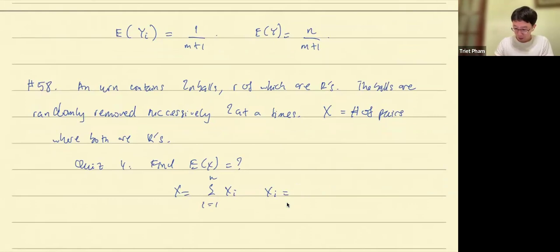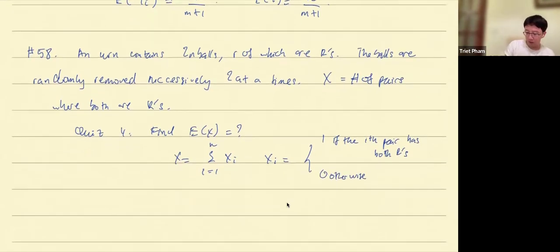So Xi will be 1 if the ith pair has both reds. That's a success, and 0 otherwise. And then expectation of Xi will be the probability that the ith pair has both reds. Now, what's this probability?